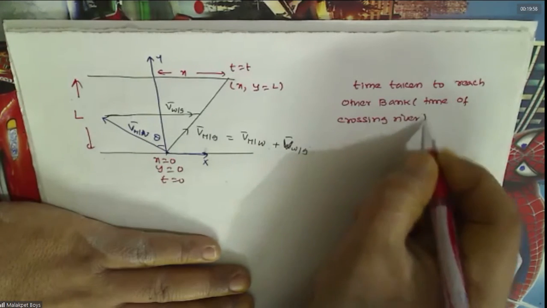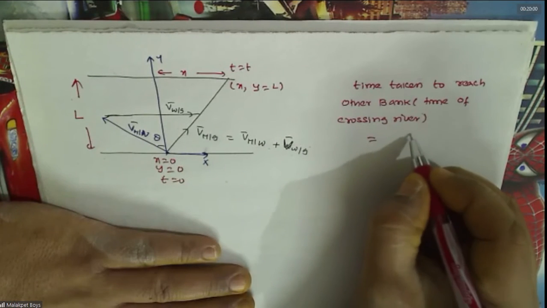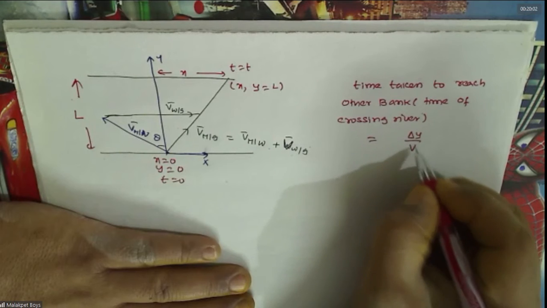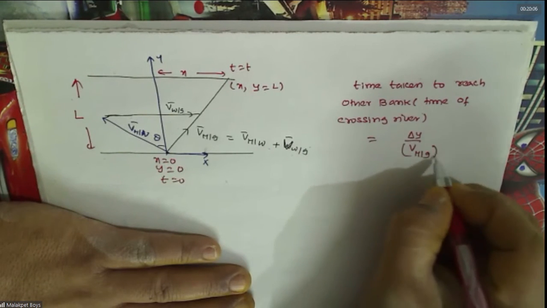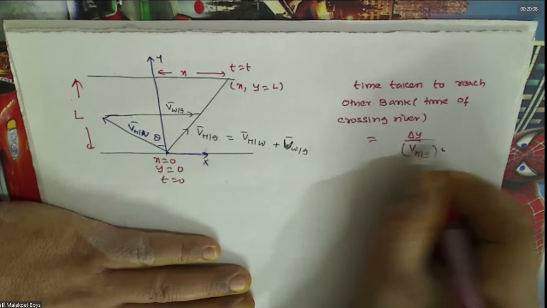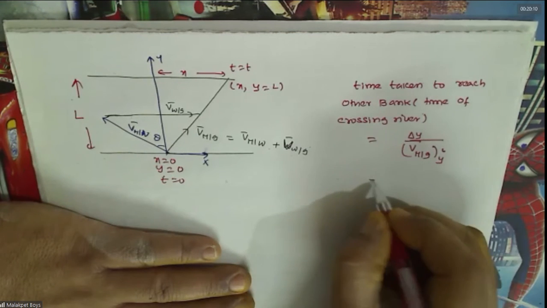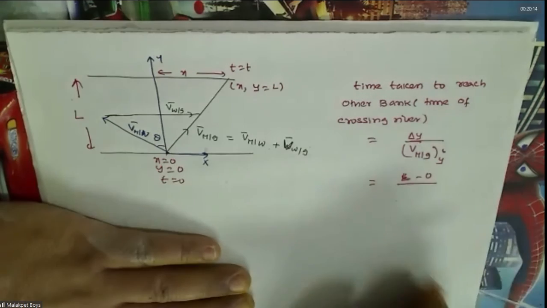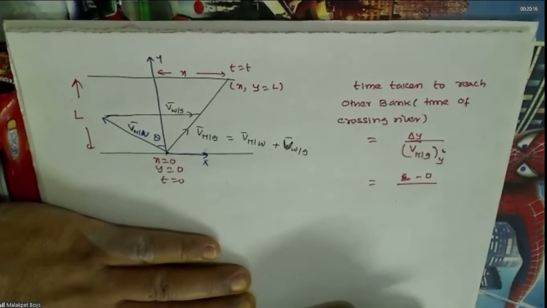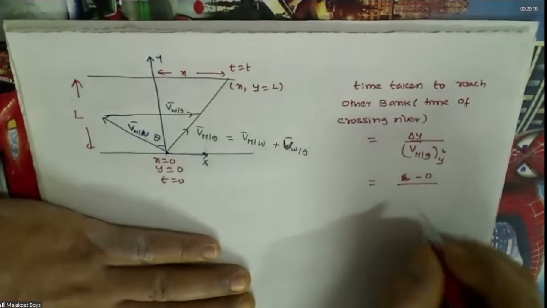That is nothing but delta y by velocity of man with respect to ground. Along which direction? Y direction. So this is nothing but L minus 0. What is the velocity of man with respect to ground in the y direction? You already got.